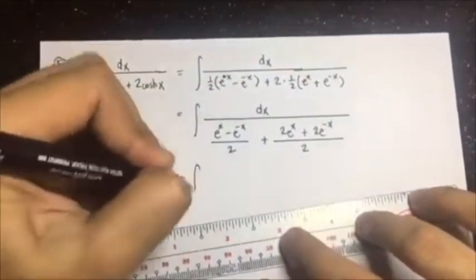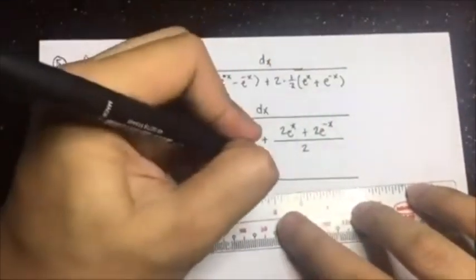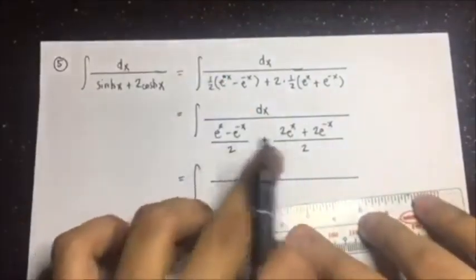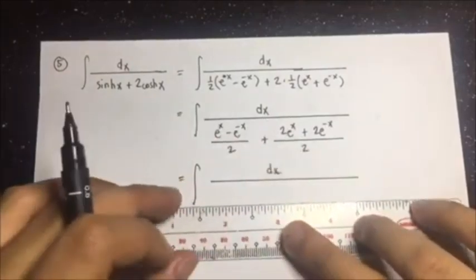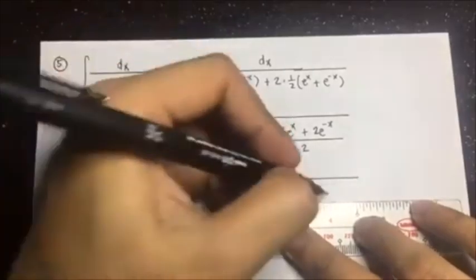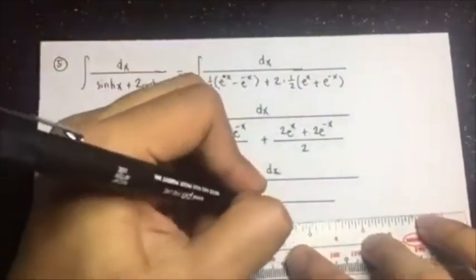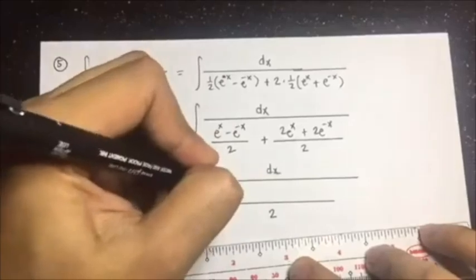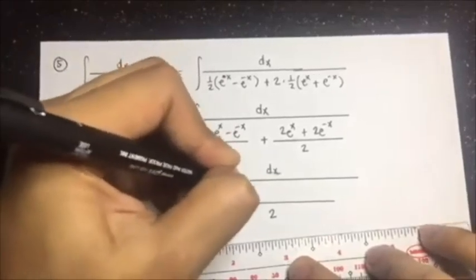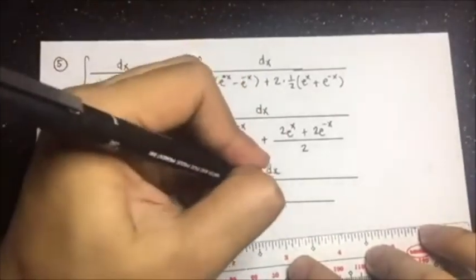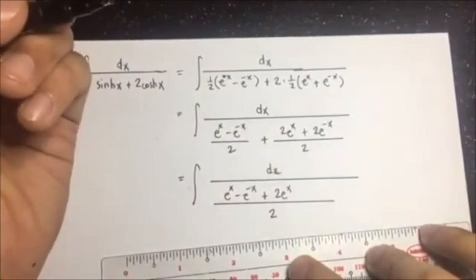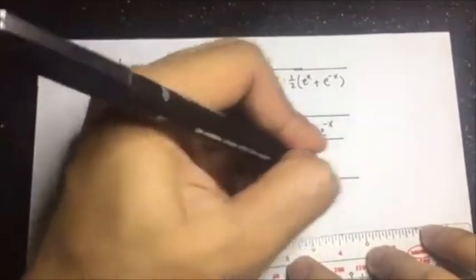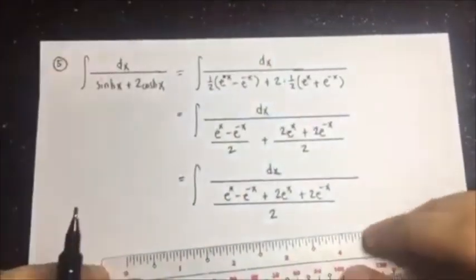Adding, since we have the same denominator of 2, this will become e to the x minus e to the negative x plus 2e to the x plus 2e to the negative x.